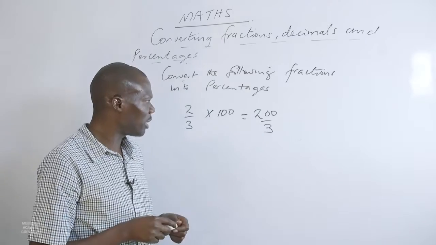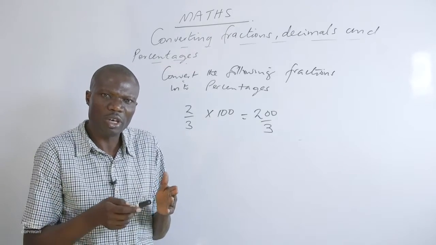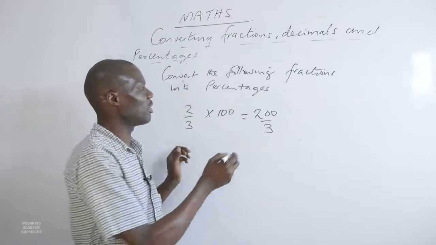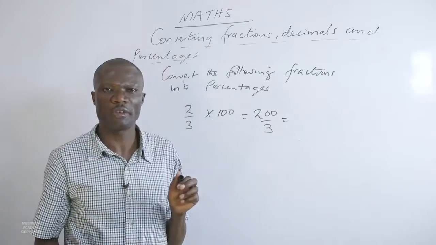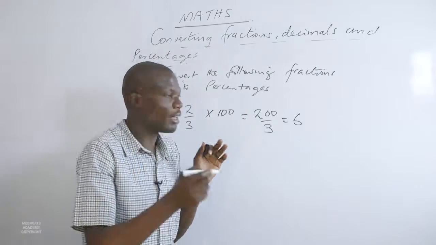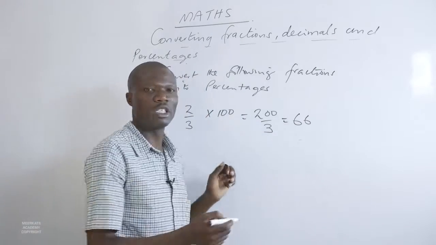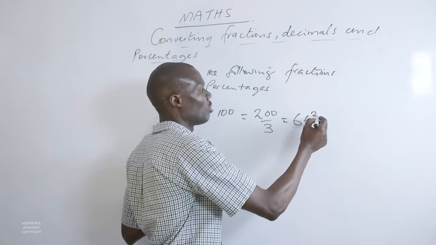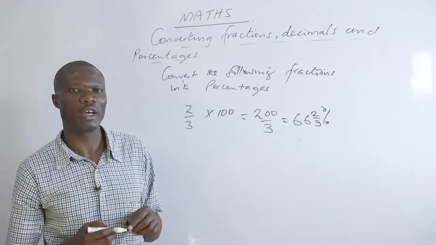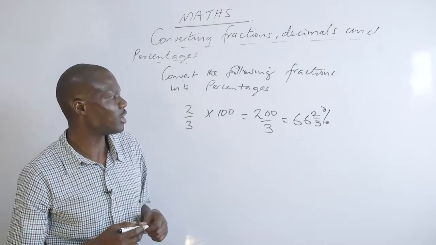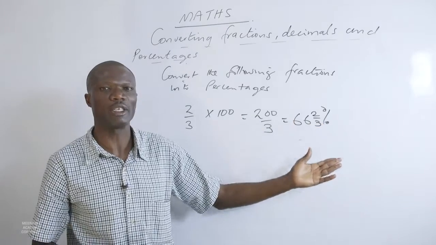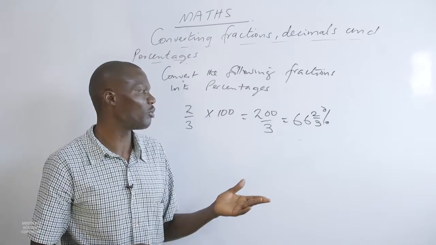If you try to simplify and write it as a mixed numeral, 20 divided by 3 is 6, and then 20 again divided by 3 is 6, because 6 times 3 is 18, remainder 2, over 3. So what do we have here? We have 66 and 2 over 3%.